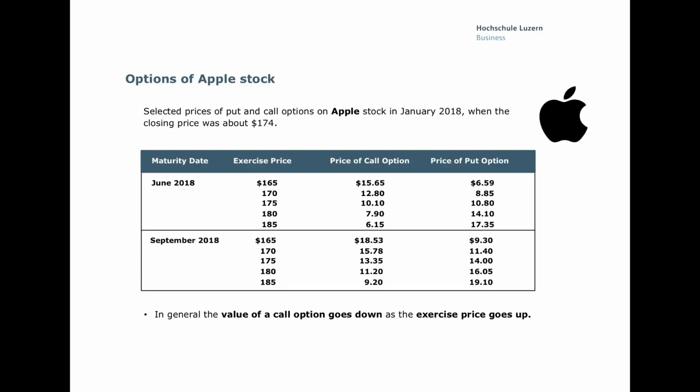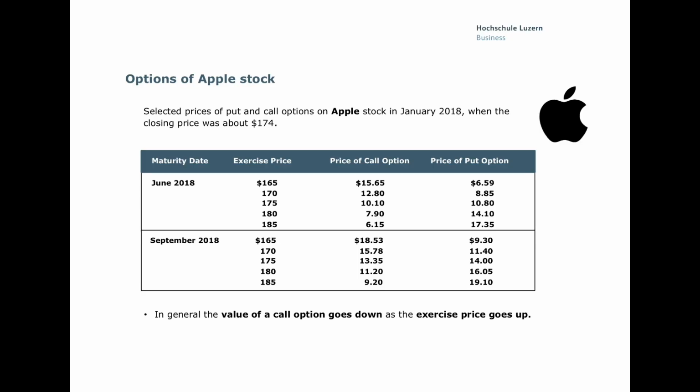In general, we observe that the price of a call option is inversely related to the exercise price, meaning that a higher exercise price implies a lower option premium. The economics behind this observation are pretty straightforward. The payoff of the call option will be the amount by which the stock price exceeds the strike price.